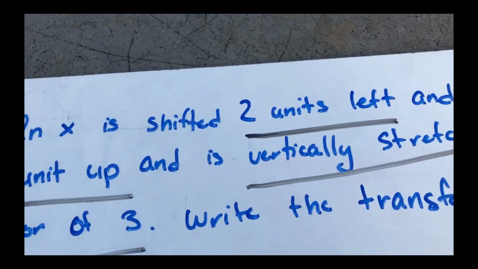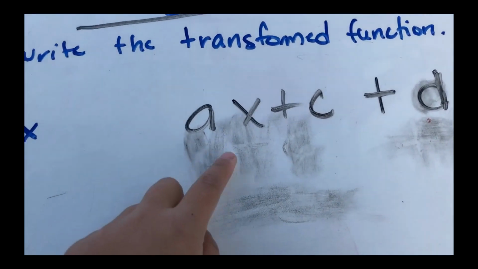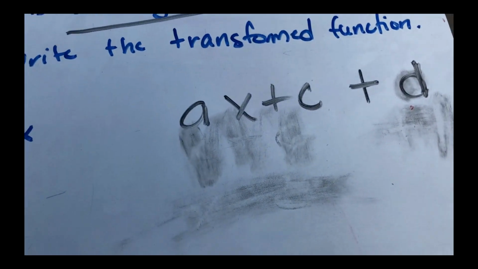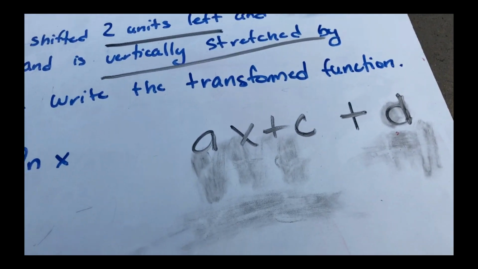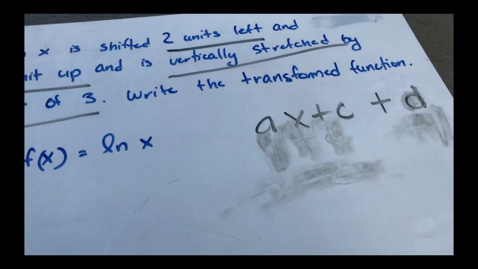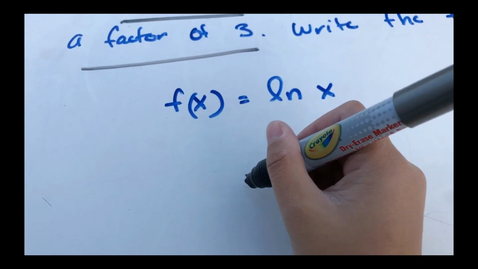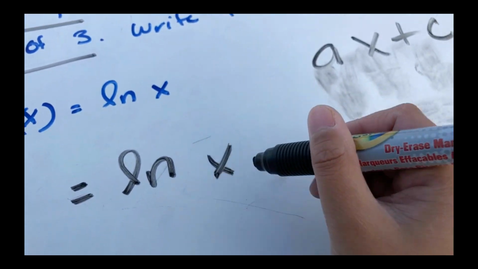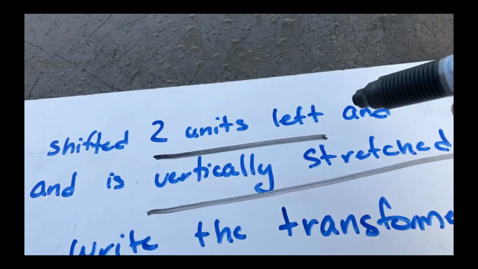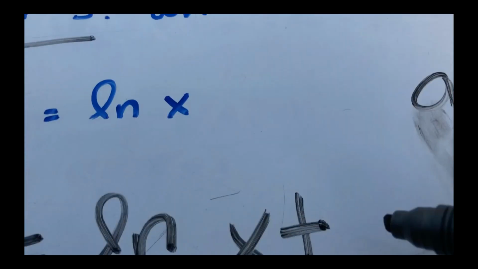Since I have to shift 2 units left, I remember that x plus c and x minus c is what makes it go to the left and to the right. So the equation will be ln of x, and since it's to the left, it will be plus 2 units.